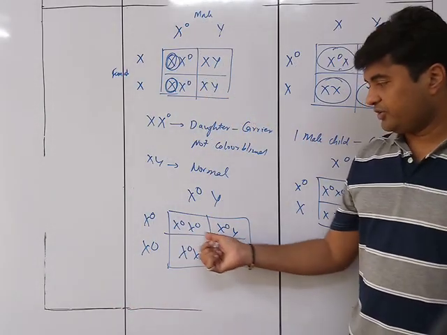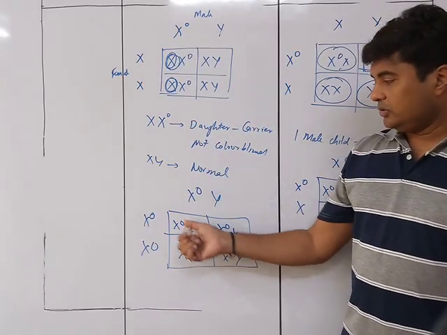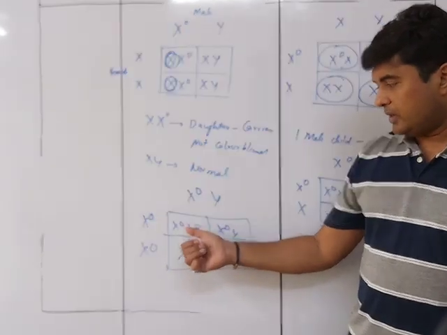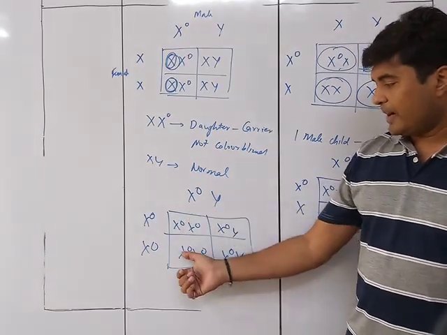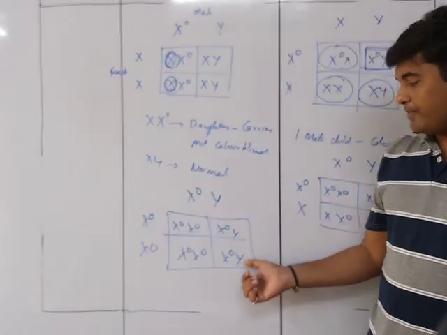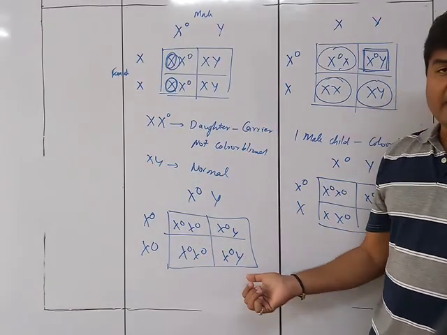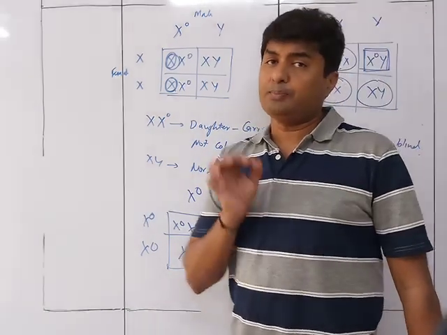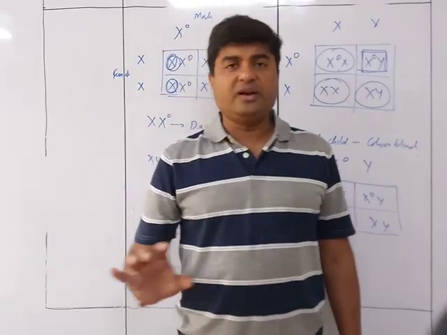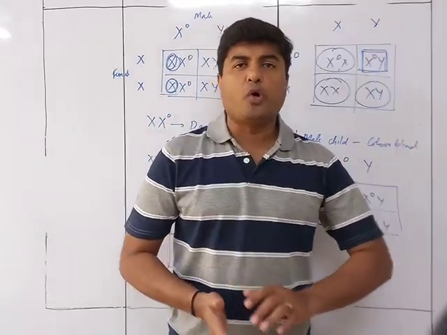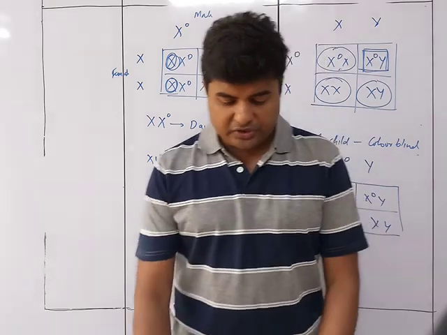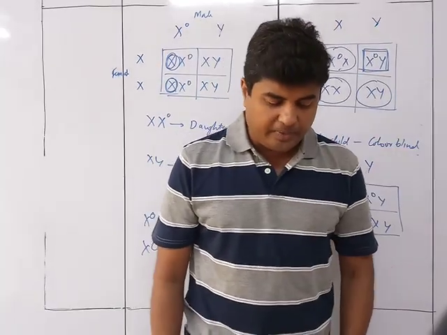This is the condition it shows: XcXc colorblind girl, XcXc colorblind girl, XcY colorblind boy, XcY colorblind boy. So if mother and father both are colorblind, there is no way that the child who is born cannot be colorblind. He or she will definitely be colorblind.